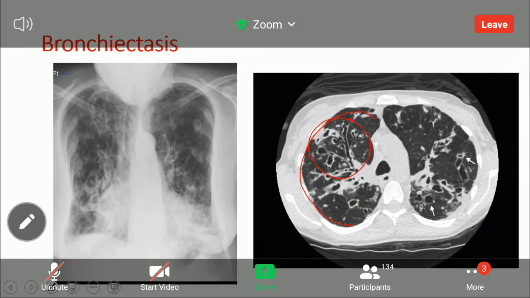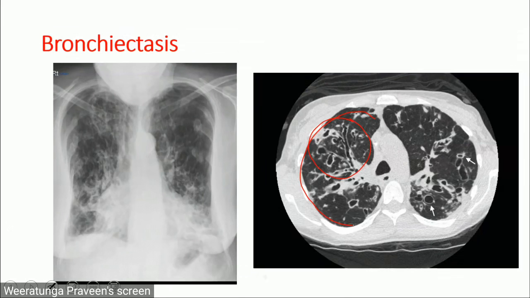And you can see this arrow here, which is called a signet ring appearance. There's a signet ring there also. So you can see dilated air passages and signet ring shadows as well. You can see extensive bronchiectasis in the X-ray as well.